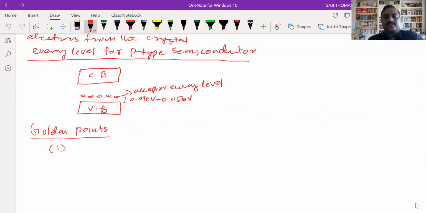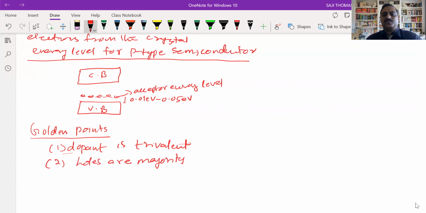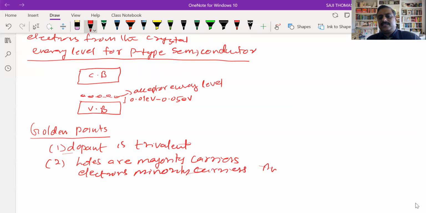First, the dopant is trivalent. Second point, holes are majority carriers, electrons are minority carriers, NH very much greater than Ne.